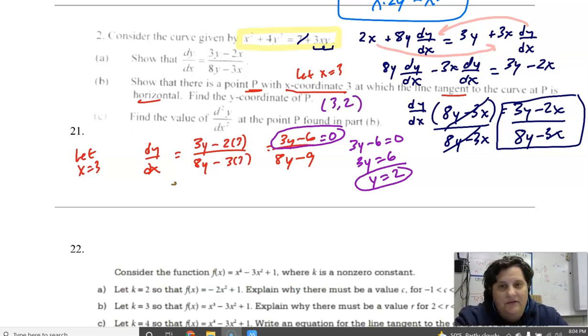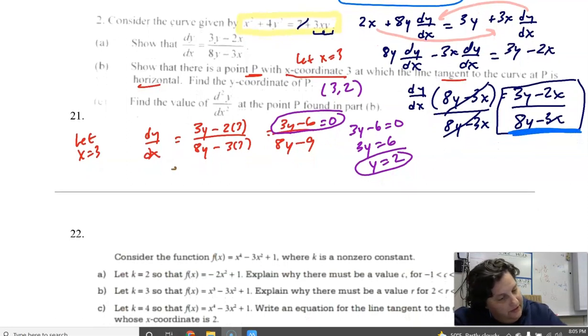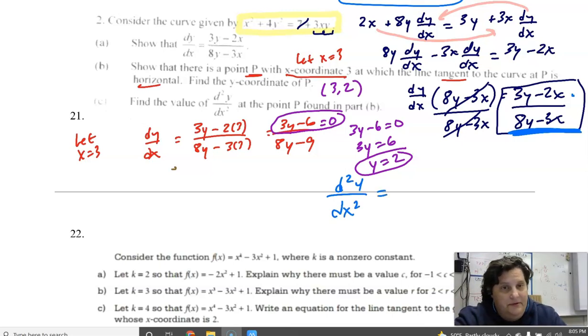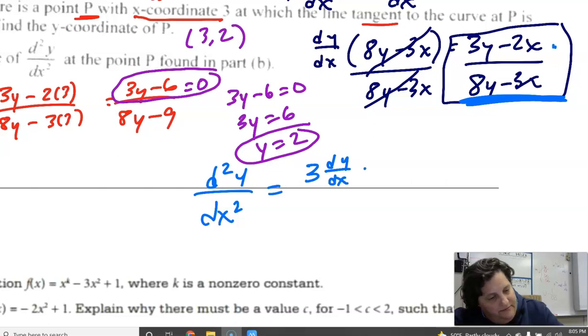Now, find the value of d2y dx2 at that point. So now I need to do a second derivative from here, and I've got to do a quotient rule. All right, so I'm coming back to this point. Derivative of the top, so that's 3 dy dx minus 2.